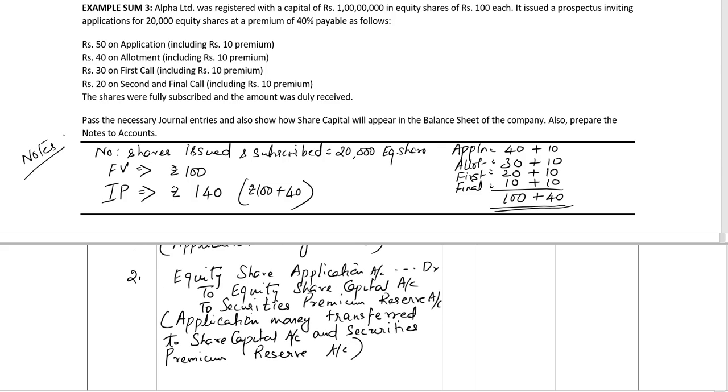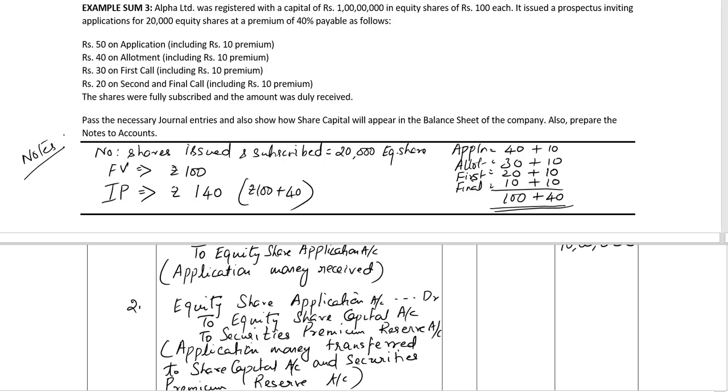The total amount of application money is the amount of the first journal entry, which is 10 lakh rupees. The amount towards equity share capital is 20,000 shares multiplied by 40 rupees per share. So that comes up to 8 lakh. And the amount of premium is 20,000 multiplied by 10, which is 2 lakh rupees.